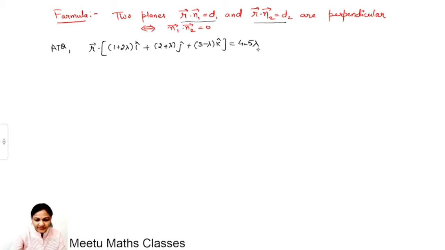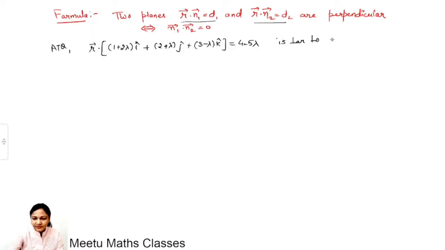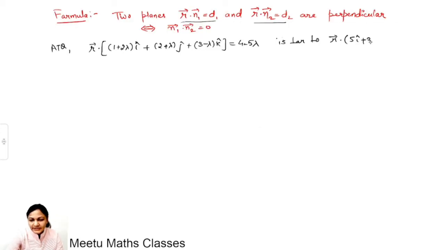This plane is perpendicular to your given plane, r dot 5i plus 3j minus 6k plus 8 is equal to 0. So these two planes are perpendicular.